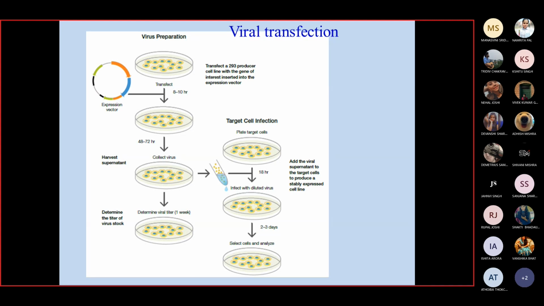When you plate them, about 5 to 10% of the cells will get infected and they will produce more progeny, right? So you can either go for continued expression or you can collect the virus and then go for another culture.